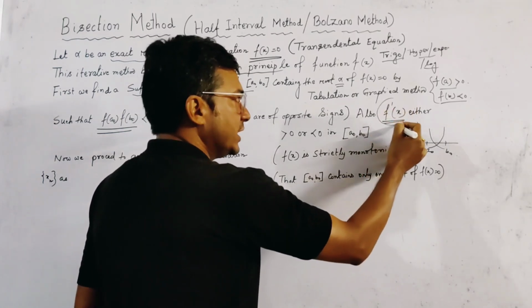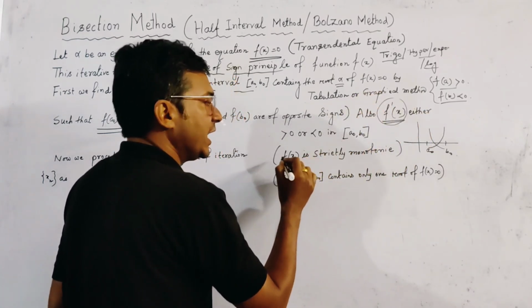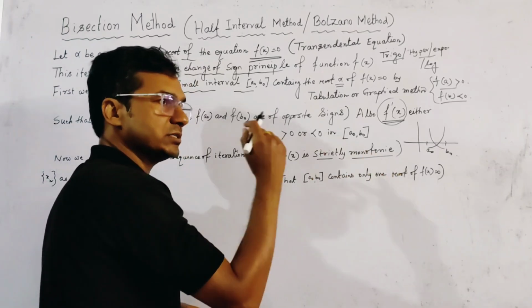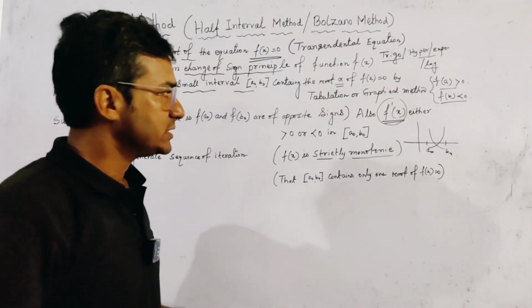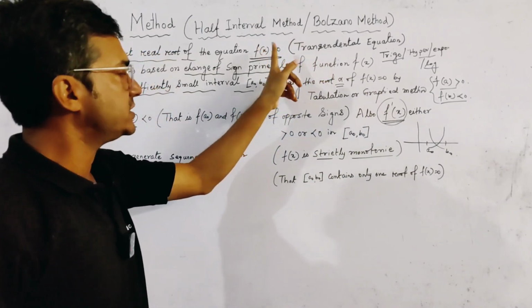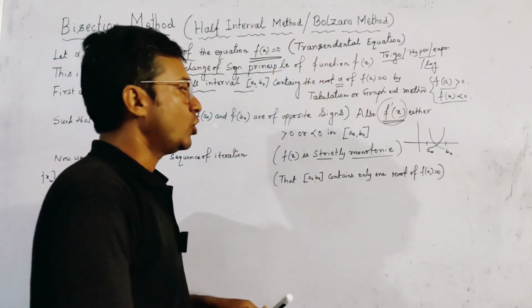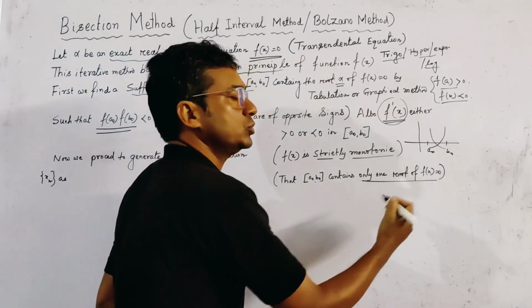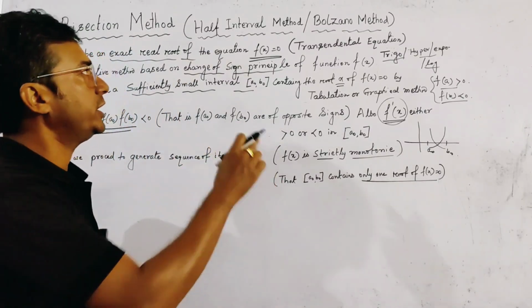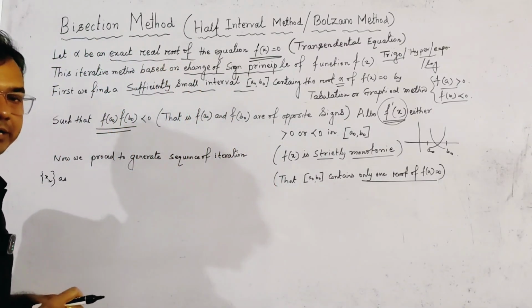For this condition we say f(x) is strictly monotonic, either increasing or decreasing, and in [a0, b0] the equation f(x) = 0 contains only one real root, and it must be alpha.